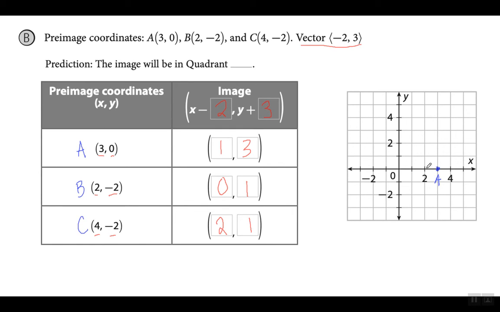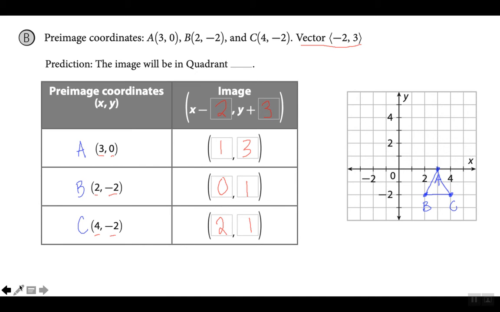B is at 2, negative 2. And C is at positive 4, negative 2. So here's C. That's my pre-image.